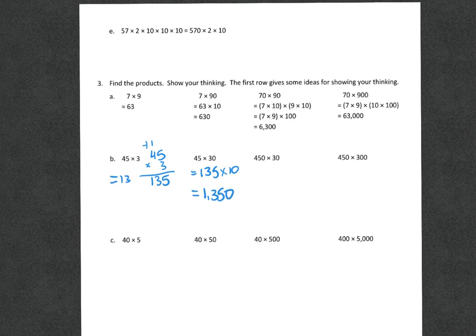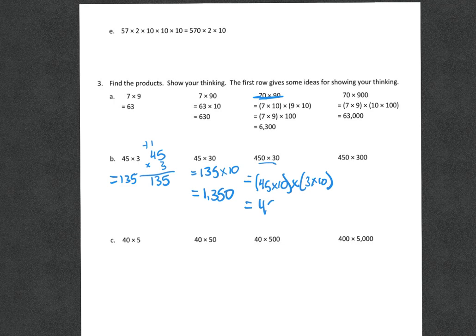Let me make sure I have 135 over here. And then we're going to be doing 450 times 30. So for this one, you're just going to break apart like they did up here. And you're going to break 450 into 45 times 10 times 3 times 10.